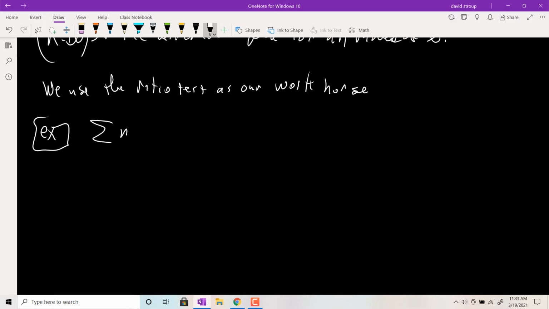So first one, n factorial times x to the n from n equals 0 to infinity. And you can almost see this is probably going to be divergent for a lot of x values. Let's see what happens. So we go to the ratio test. Remember, the ratio test, you're looking at this r value, which is the limit of the absolute value of the ratio between a sub n plus 1 and a sub n.